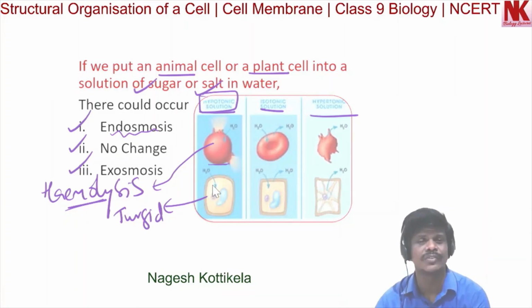It is tough, it is a non-living outermost covering in plant cells, so it will not allow the plant cell to undergo bursting. So when plant cell is kept in hypotonic solution, it will not burst, but the cell becomes turgid.